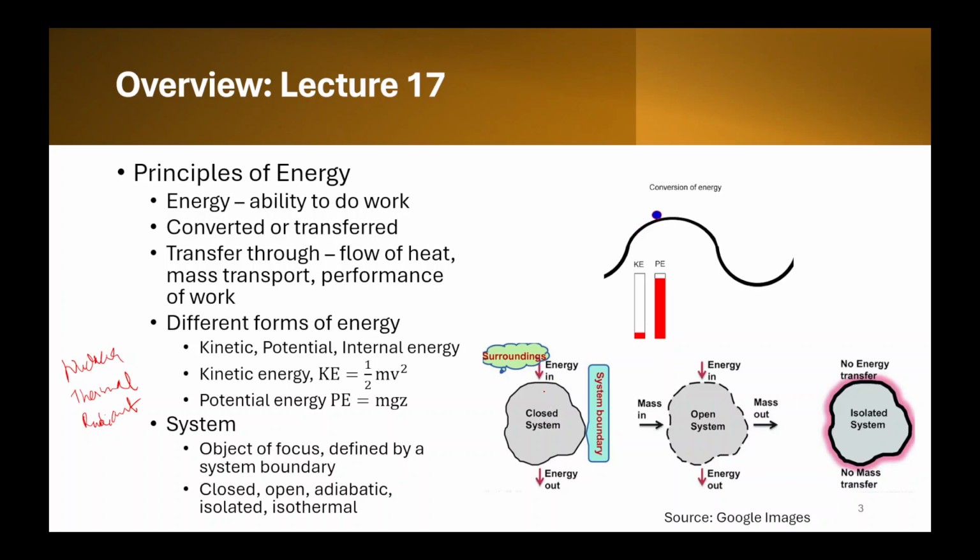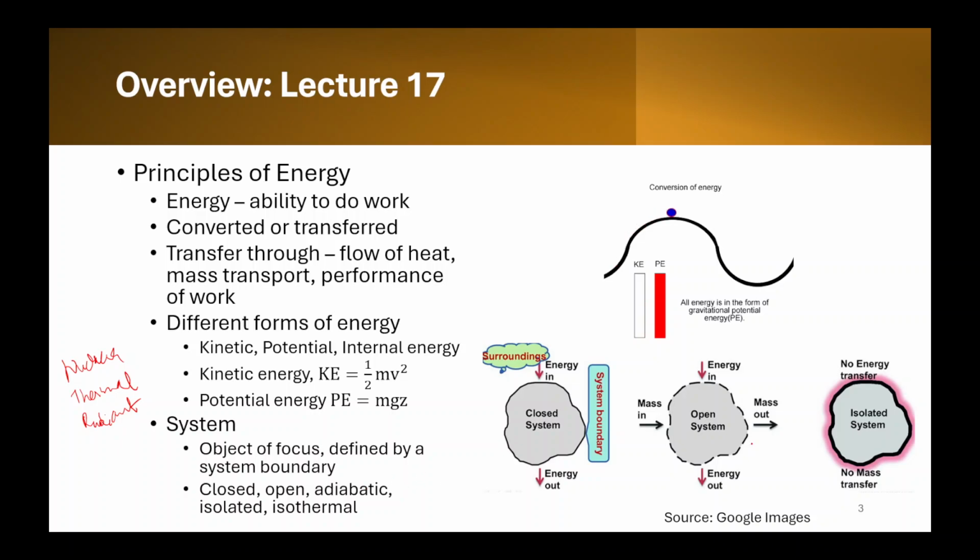The open system can exchange mass as well as energy with its surrounding. The isolated system, however, cannot exchange any mass or energy with the surrounding, so there is no energy transfer or mass transfer. Two other systems are written here.